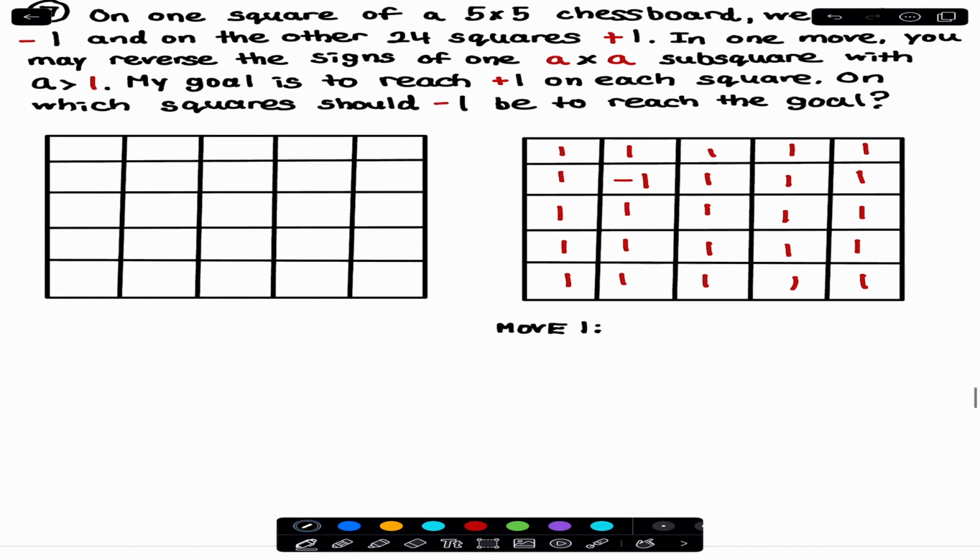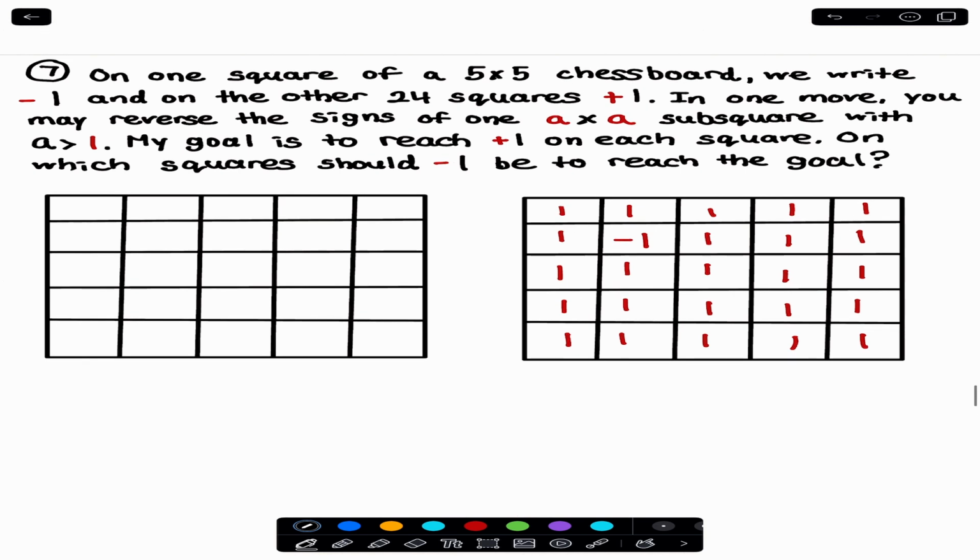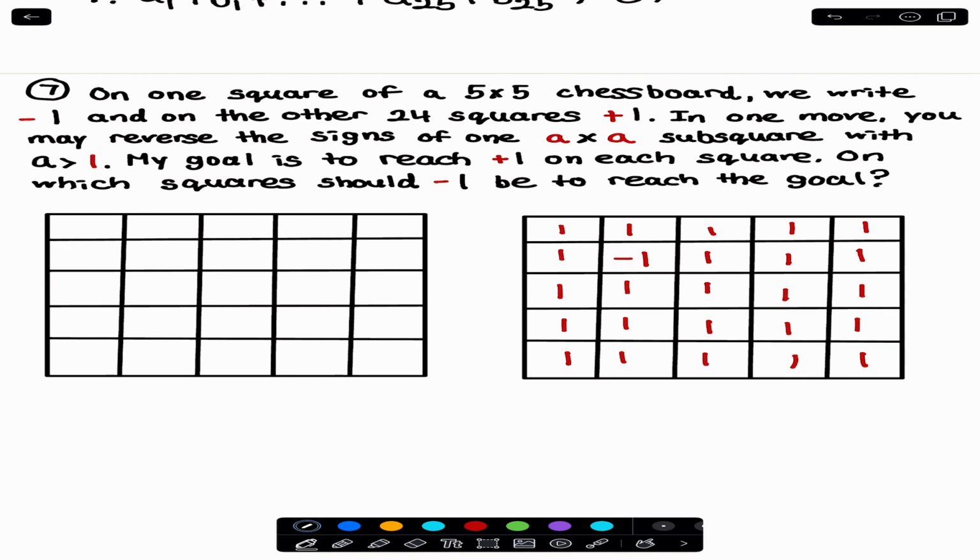So that means we're going to change... I don't even know why I wrote that actually. We can just do it here actually. So let's say I want to change all the signs of this subsquare. Then this would turn into, let's be consistent, a positive 1. And then these 3 would be negative.